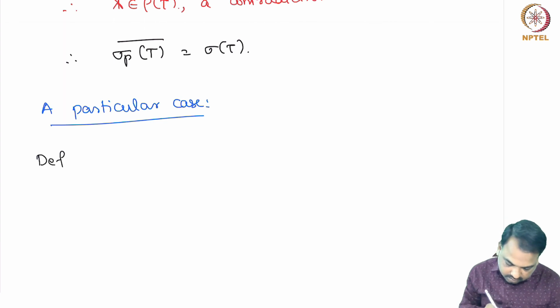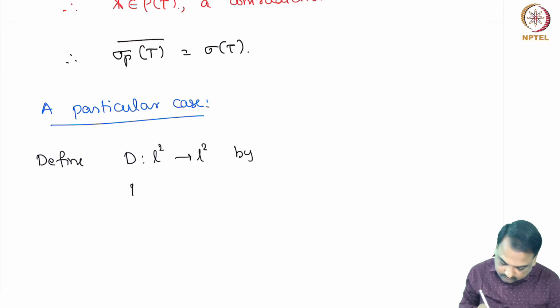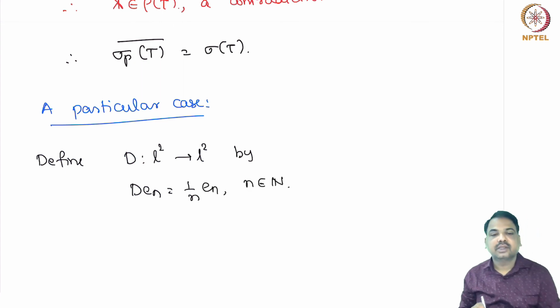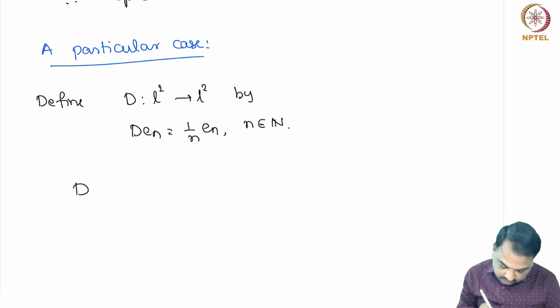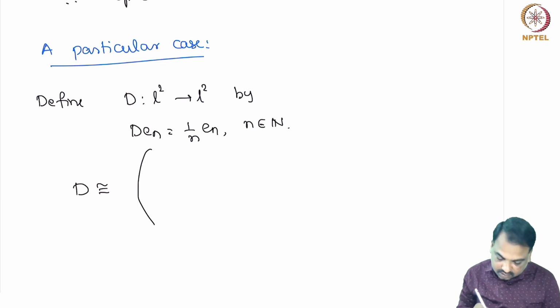Define D from L2 into L2 by D of e_n mapped to 1 by n e_n, where e_n is the standard orthogonal basis of L2. With respect to the standard orthogonal basis, we can write down the matrix of this D. It is nothing but the diagonal operator with diagonal entries 1, 1 by 2, 1 by 3, and so on.